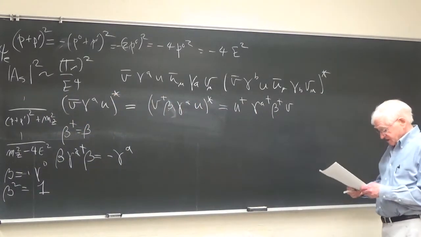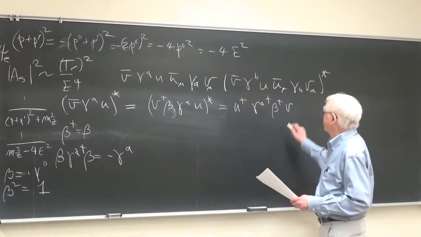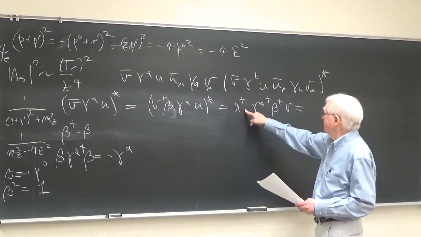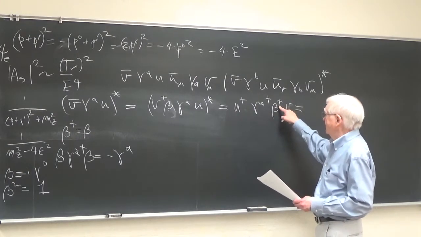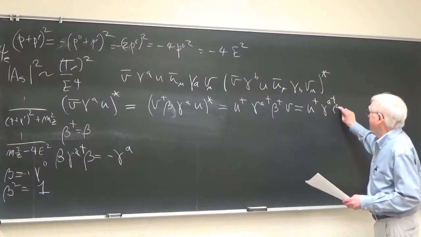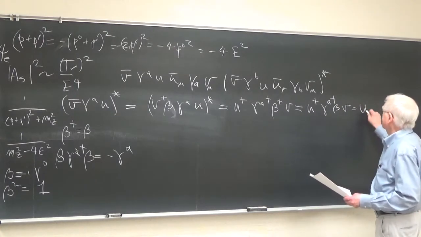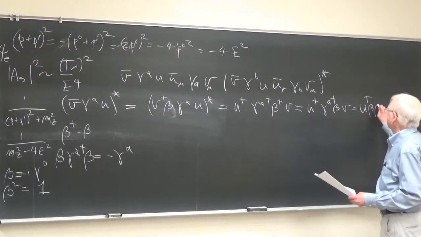Okay, so that means that we have a very simple expression here. This is just beta, so this is U dagger gamma A dagger beta V. Now beta squared is 1, so we can stick in two betas.